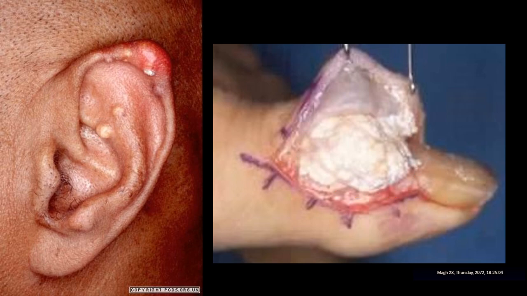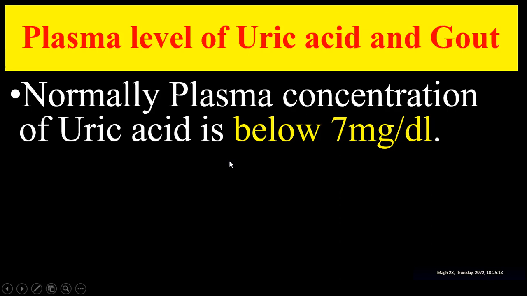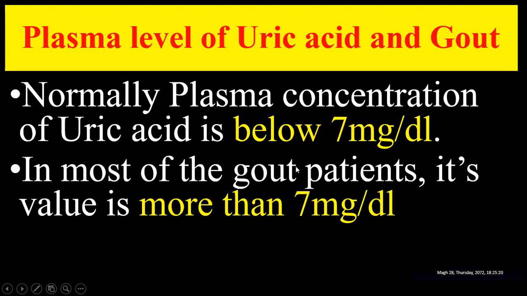So let's move forward. Plasma level of uric acid and gout are often correlated. The basic idea is that normally the plasma concentration of uric acid is below 7 mg per deciliter, and if it is more than 7 mg per deciliter, then it means that it has crossed the normality level, but it is not necessary that the person gets the features of gout.